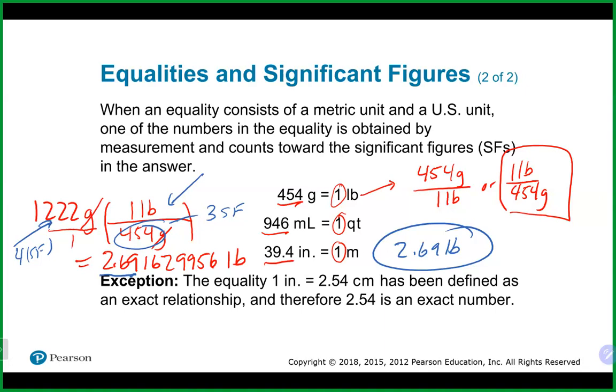Or even the guy on the bottom there, which is the 39.4, you would look at that number and go, okay, that one has 3 significant figures. So a lot of times when you cross over that English to metric crossover, there will be one of those numbers that will be a 1. And so you don't look at that one, you look at the other one that's not a 1. Other questions?